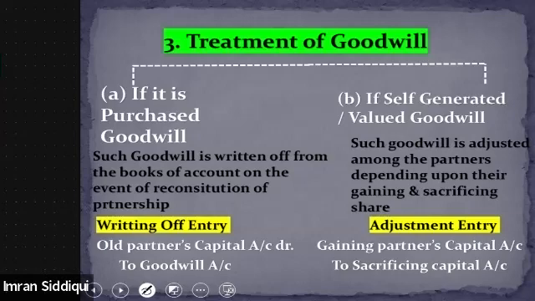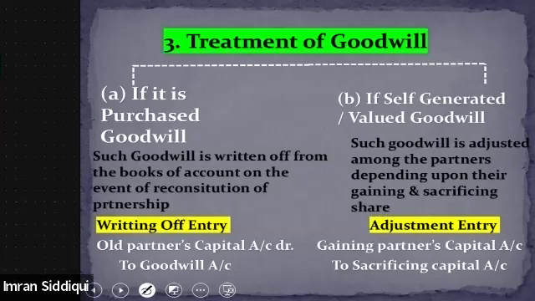Why do we need to differentiate the type of goodwill? Because the accounting treatment of goodwill depends upon its type. If it is purchased goodwill, then as per the rules of accounting we need to write it off, and for that purpose we pass a separate journal entry.